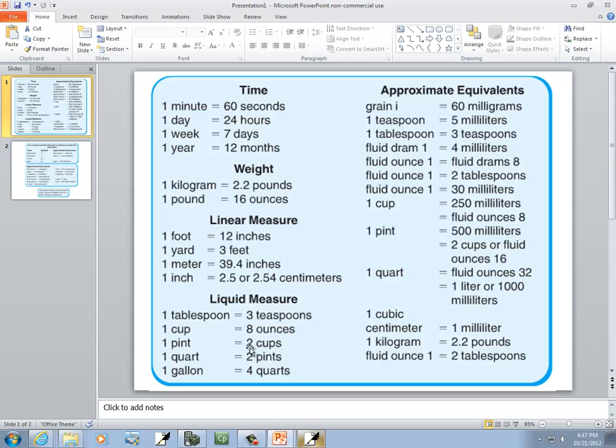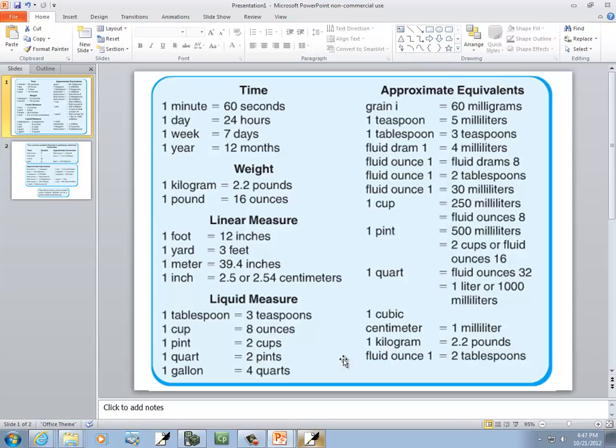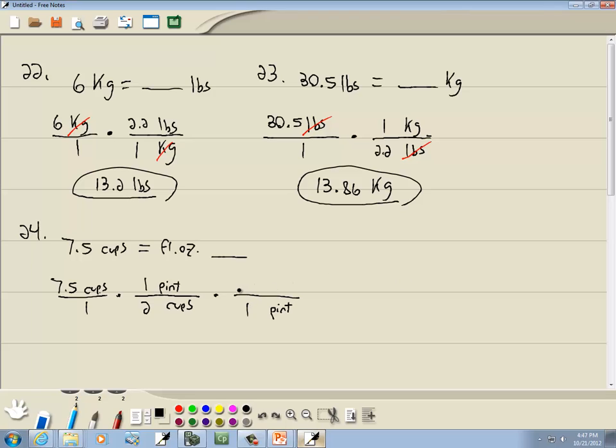Where's my first one? 2 cups is 1 pint. So 2 cups is 1 pint. Pints here. Pints here. 1 pint is equal to 16 fluid ounces. So let's see what cancels.